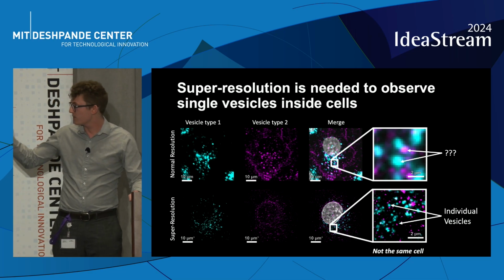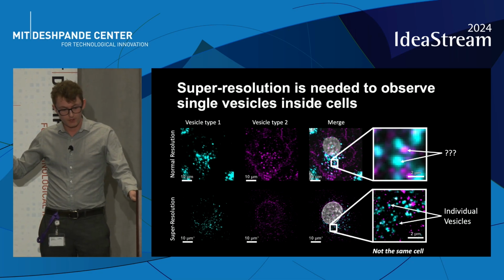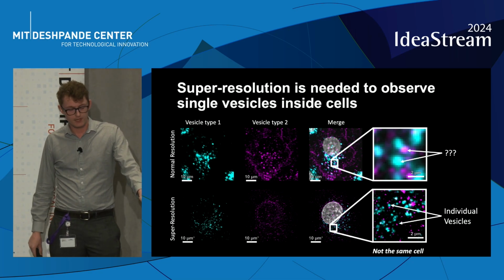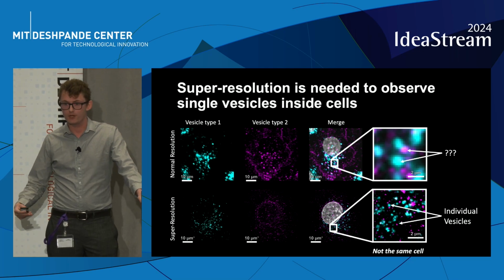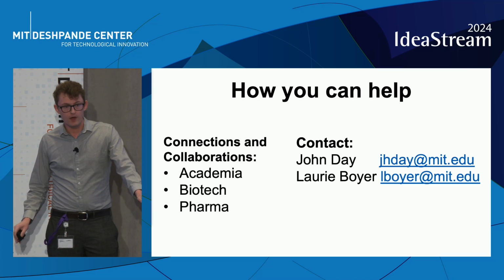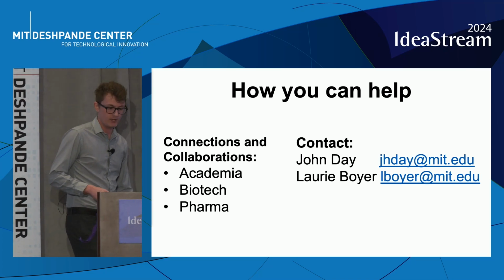And what I hope you can appreciate from these images is that we really need the super resolution in order to pick apart this highway in a manner that would give us useful information about the drugs that it carries. So this is just one application for our device that we think could be impactful.